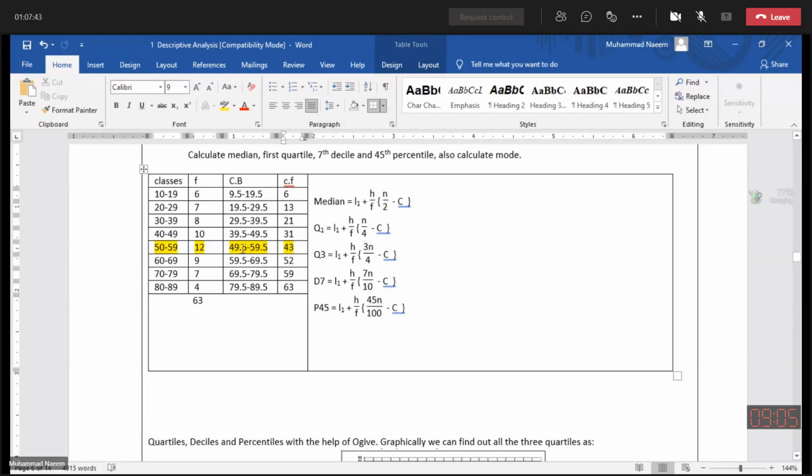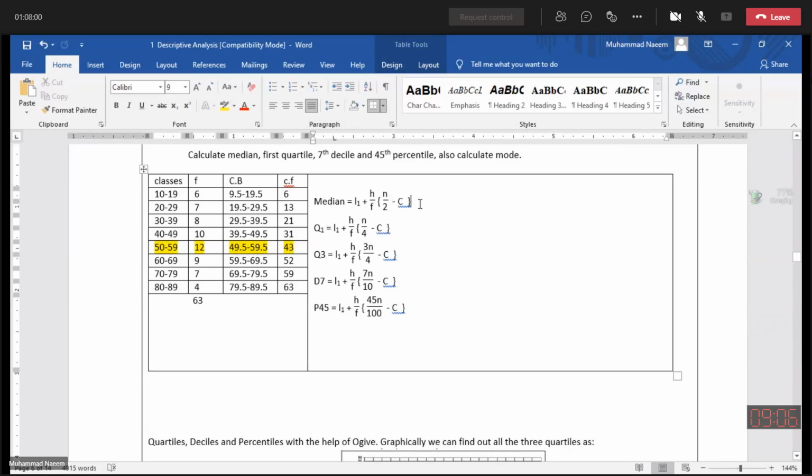So this is our expected class in which median can fall. Here in this interval, our median can fall.